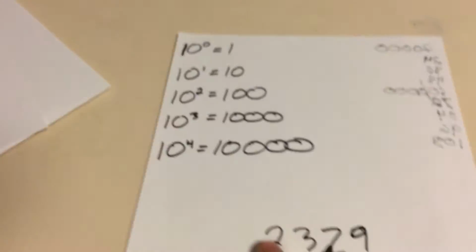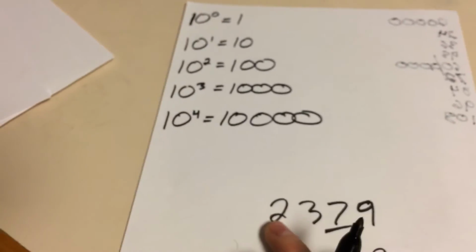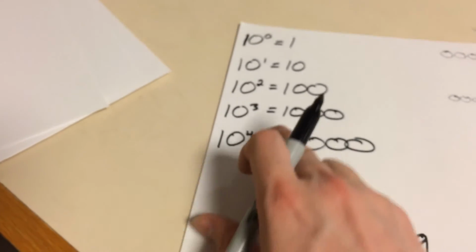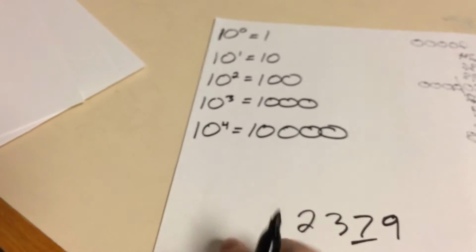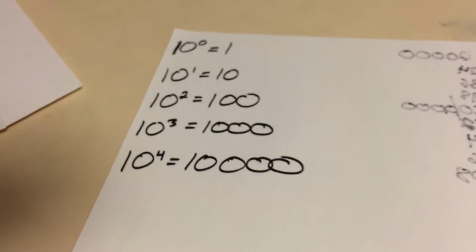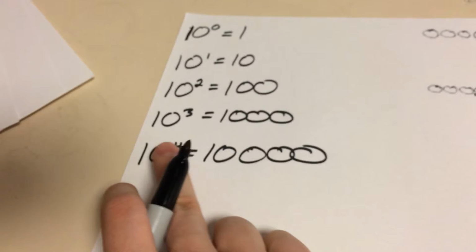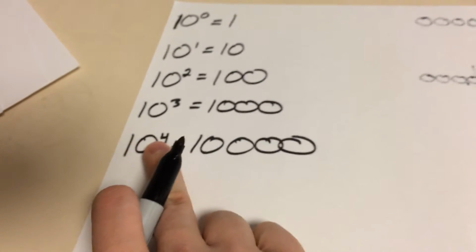And you go all the way up to 10,000, 100,000, million, and so on. And that is why you get that many zeros.